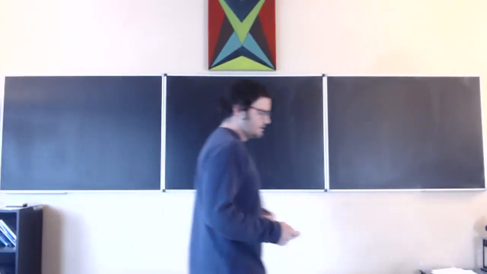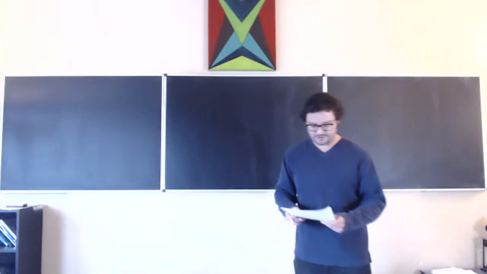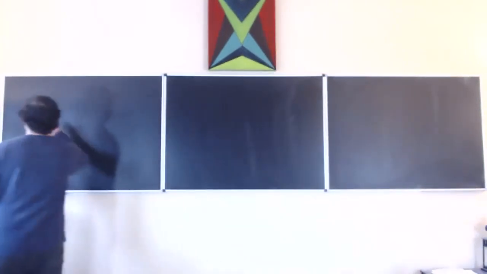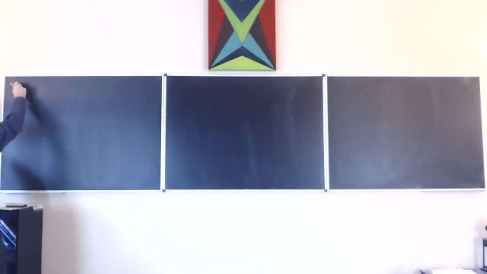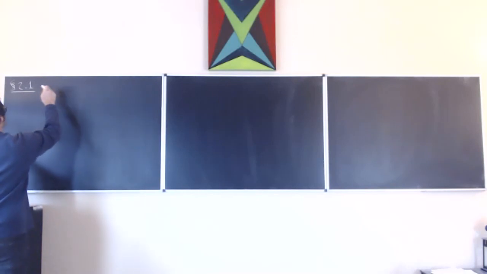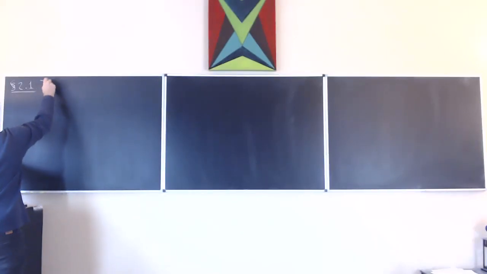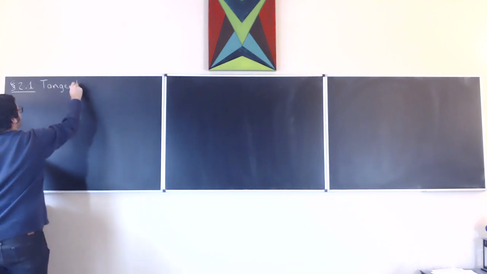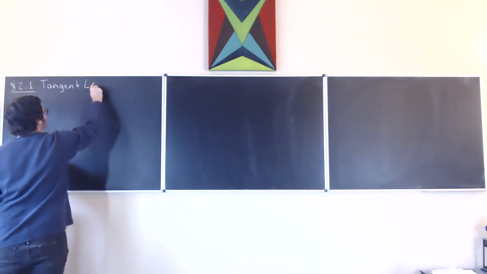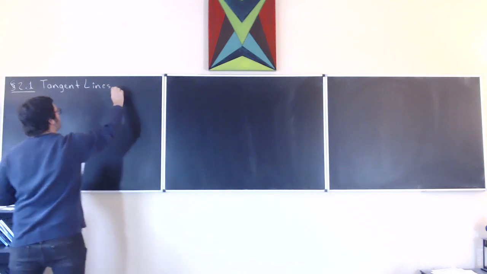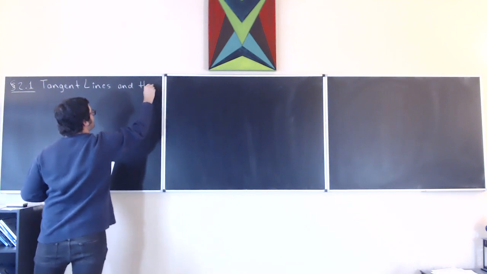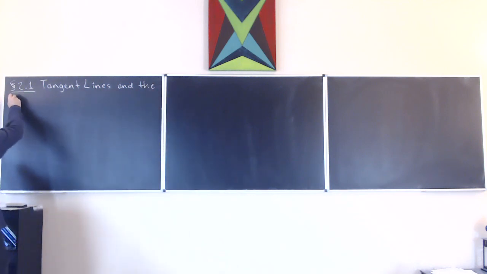Okay, so today we're going to finally get to this notion of a derivative. This is section 2.1 in the textbook. And so this is tangent lines and the derivative.